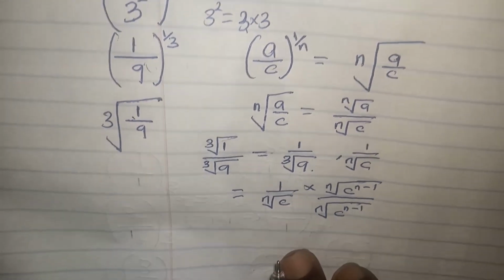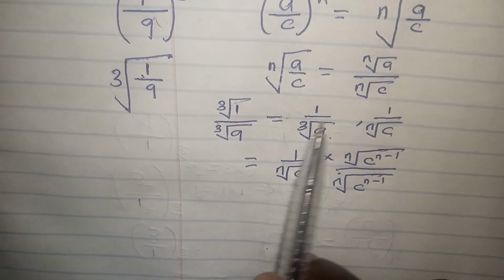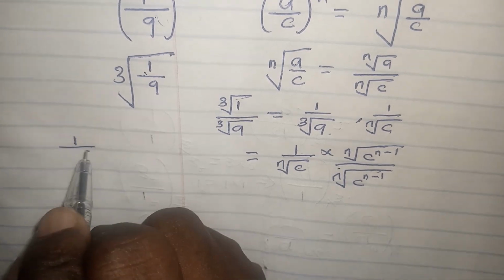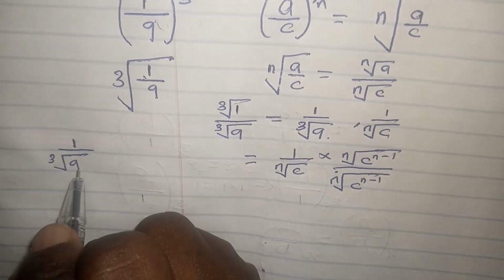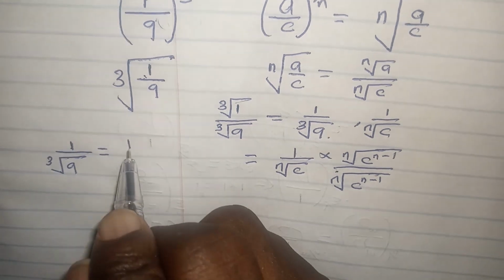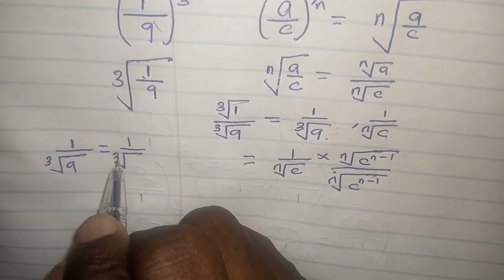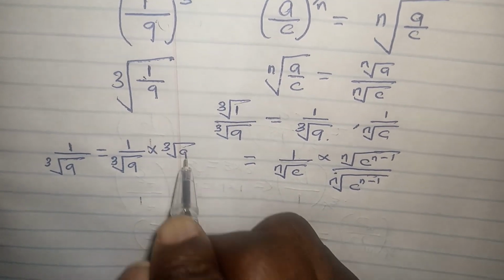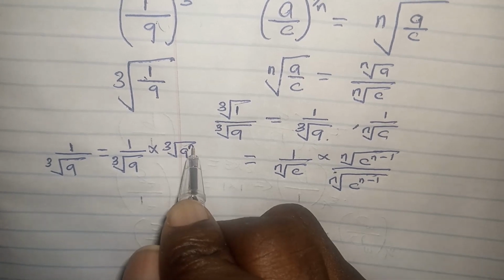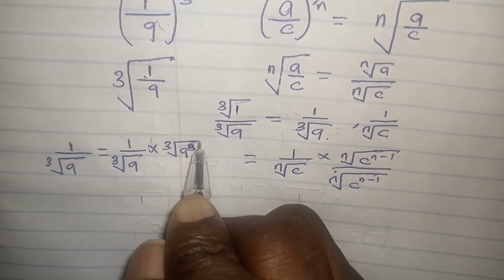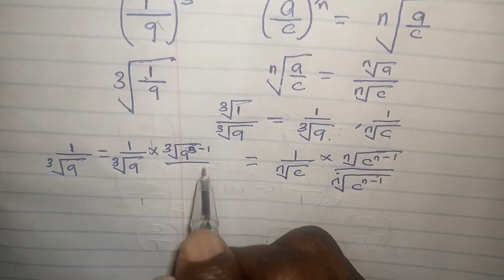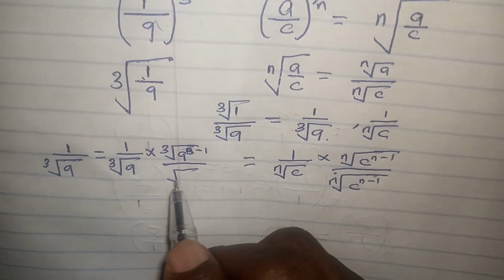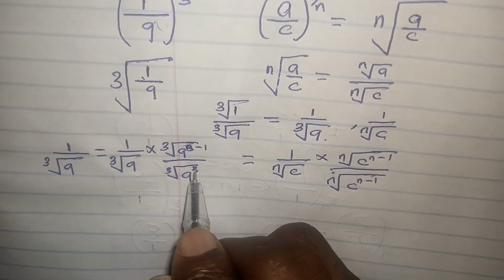So at this part, 1 over the cube root of 9 is equal to 1 over the cube root of 9 times the cube root of 9 to the power of 3 minus 1, over the cube root of 9 to the power of 3 minus 1.